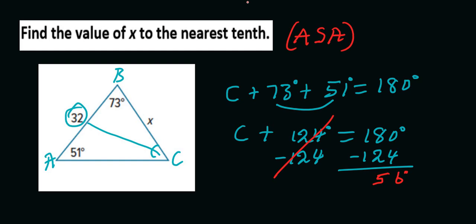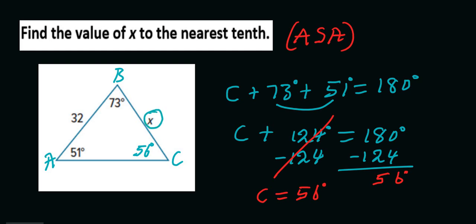Okay, so it means that the uppercase C is 56 degrees. All right, so we can go back now and plug the value in. So this is 56 degrees. Okay, so at this point we can now find the unknown.